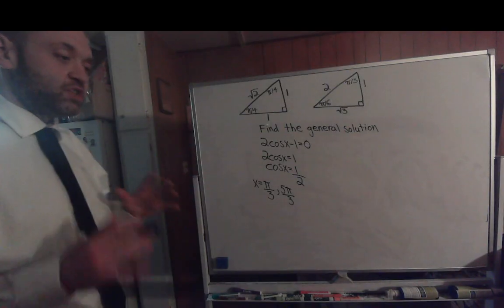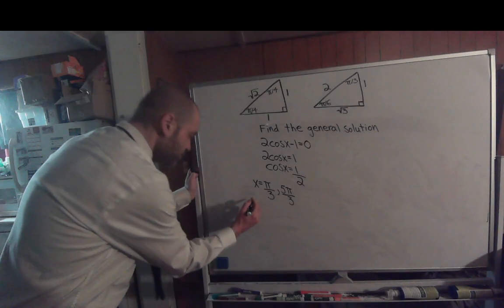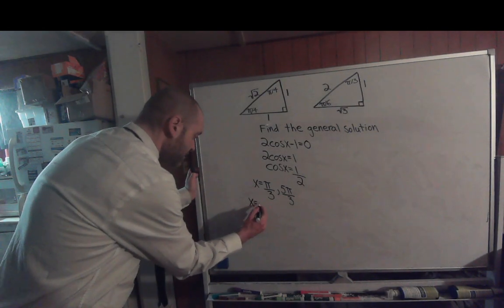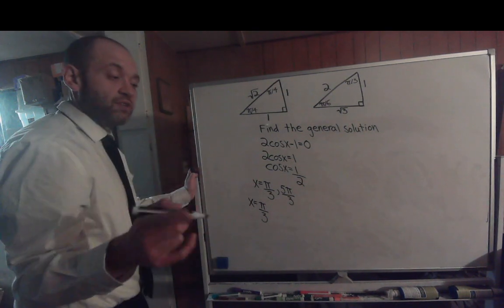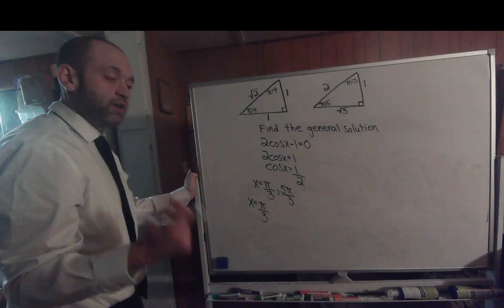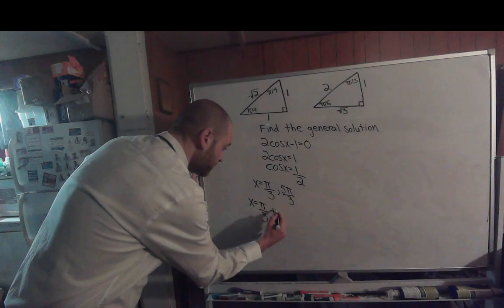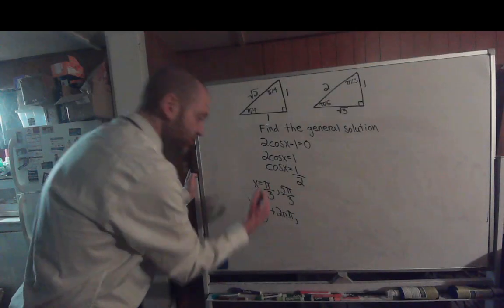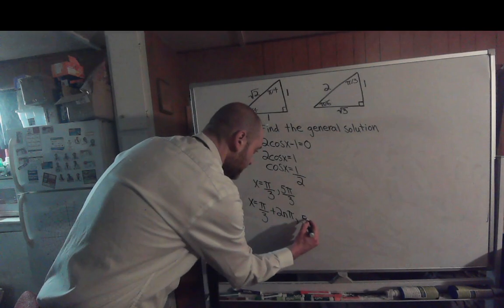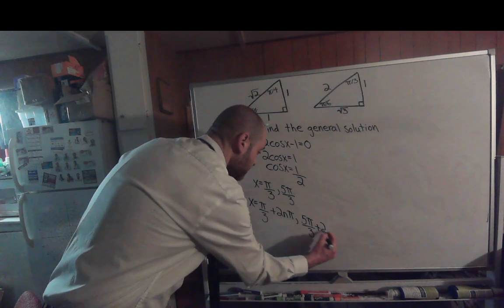To express the general solution, how you're going to do this is you're going to have x equals pi over 3 plus, consider the fact that the period of the cosine function is 2 pi. So this will be pi over 3 plus 2n pi. And then you'll do the same for the 5 pi over 3: 5 pi over 3 plus 2n pi.